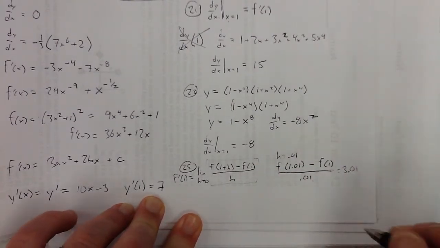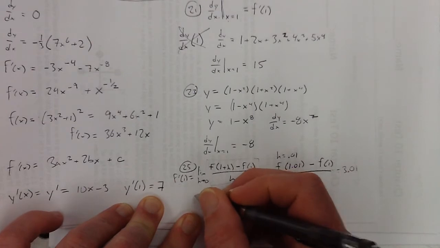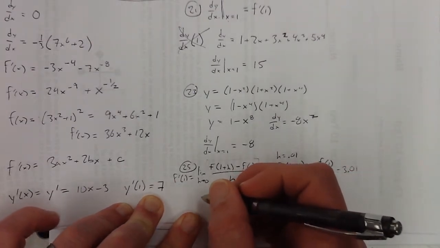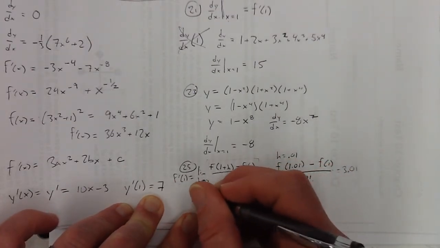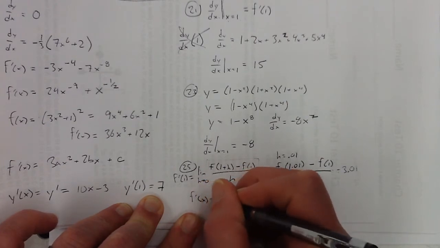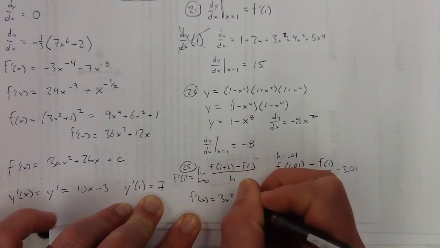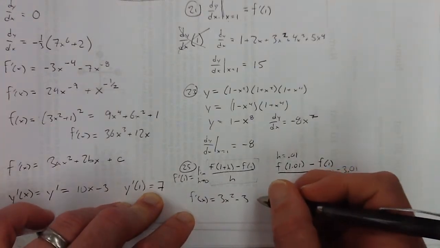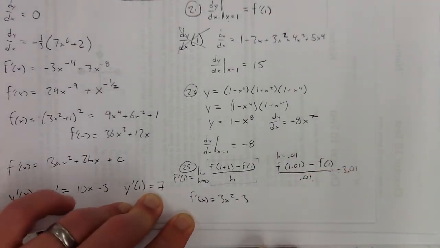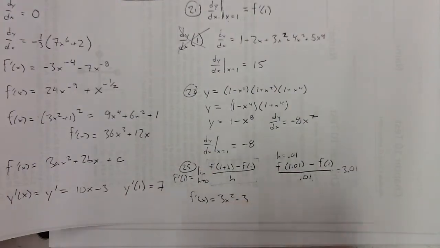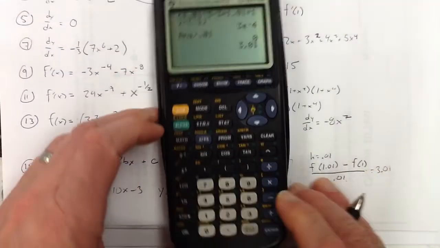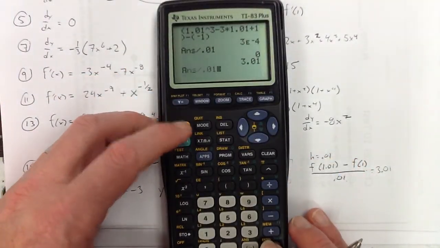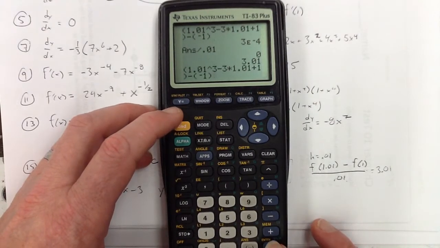So let's see if we can do that. We got f prime of x is equal to 3x squared minus 3. When I plug in 1 into that, I get 0. So let's see, what did I do wrong? Let me try this again. My calculator might have, well, I guess it's my fault really.